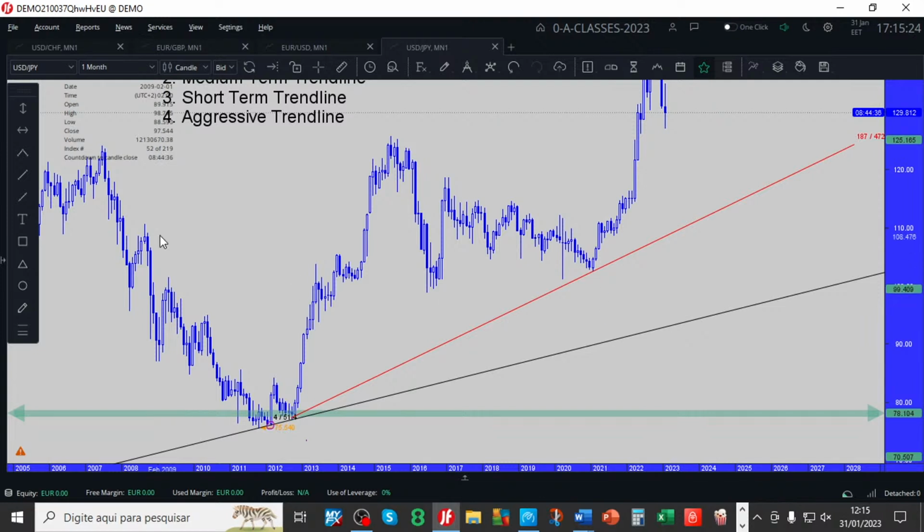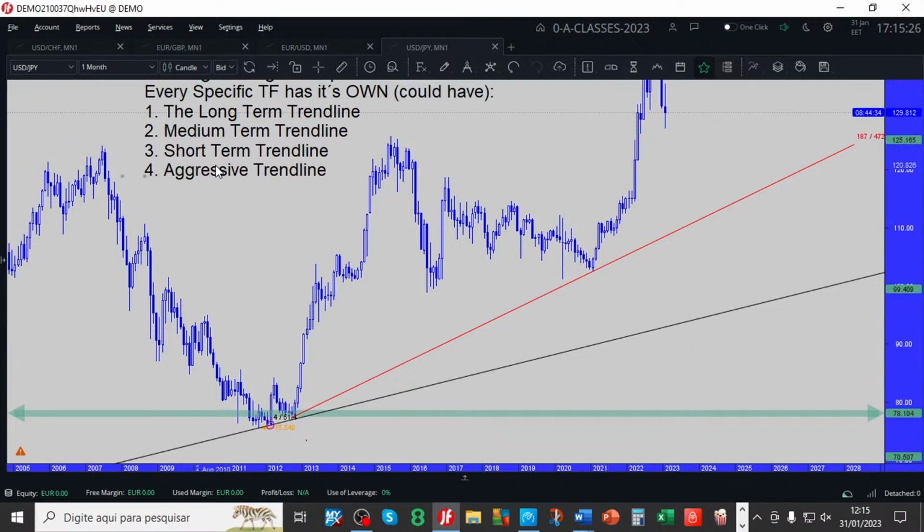What about the red one, the medium term? Is my red uptrend line correct, everybody? Or it's not? And remember, monthly chart and USD JPY is just an example.